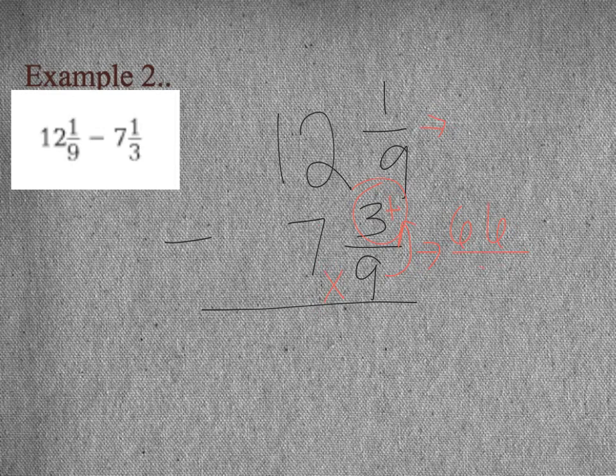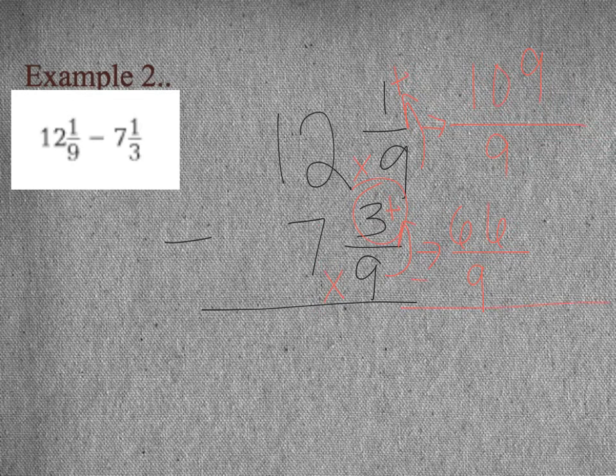My denominator stays exactly the same, which is 9. Let's do up here. Whole number times the denominator, 12 times 9. These are big numbers here. 12 times 9 is 108, plus the one numerator up here, 108 plus 1 is 109 over 9.